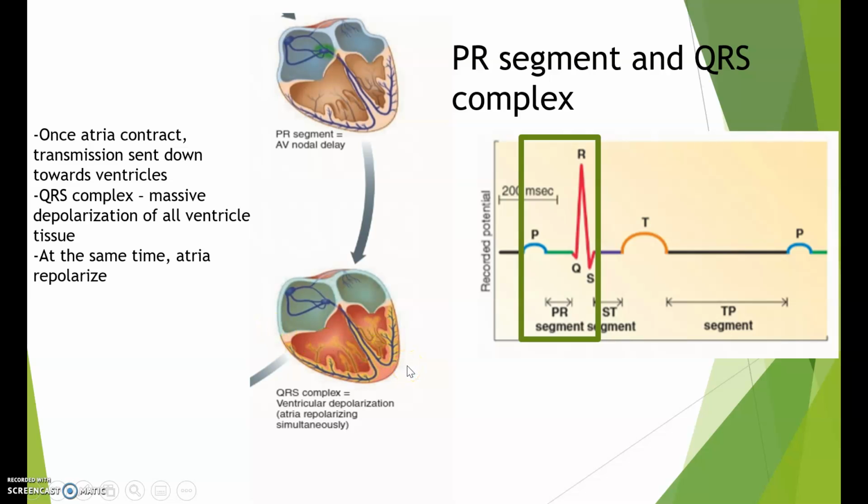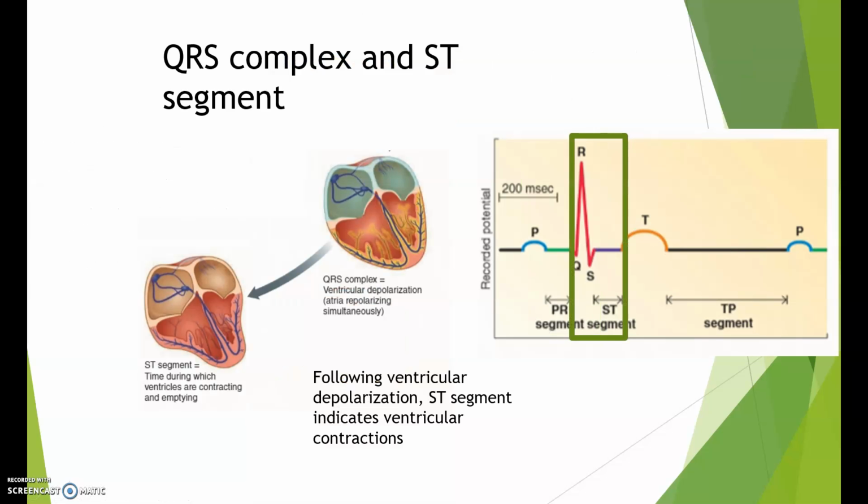Now let's see what happens right after the ventricles depolarize. So they're going to be reaching action potentials. After that QRS complex, we have the ST segment. And this is when the ventricles are fully contracting and emptying, pumping out.